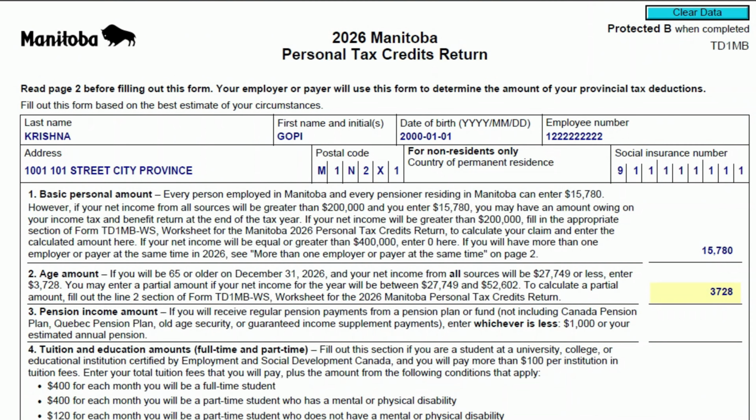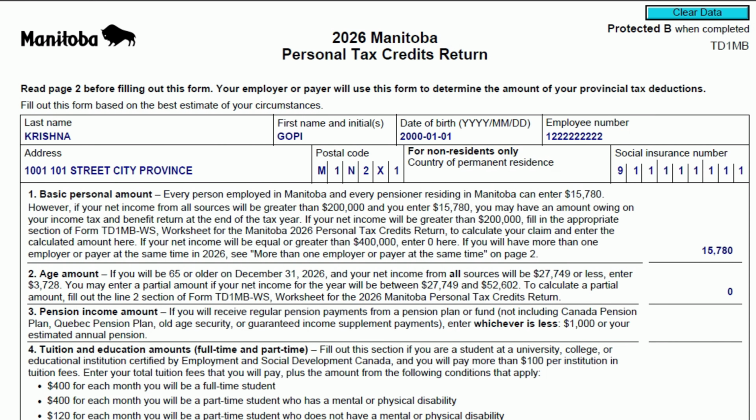And if you are 65 years or older as on December 31st, 2026, and your net income is between 27,749 and 52,602, in that case, you will be using the worksheet. If your income is more than this 52,602, in that case, you will enter 0.